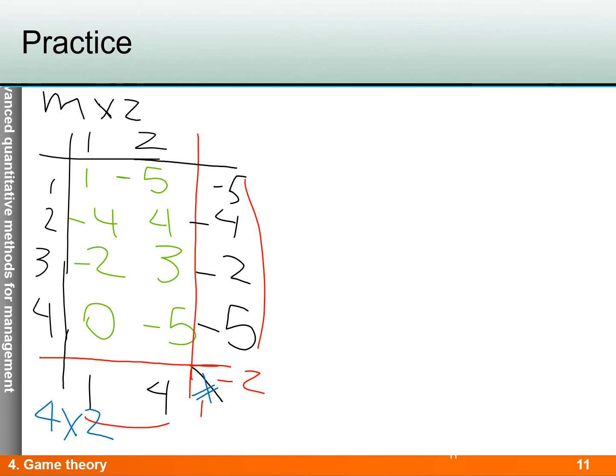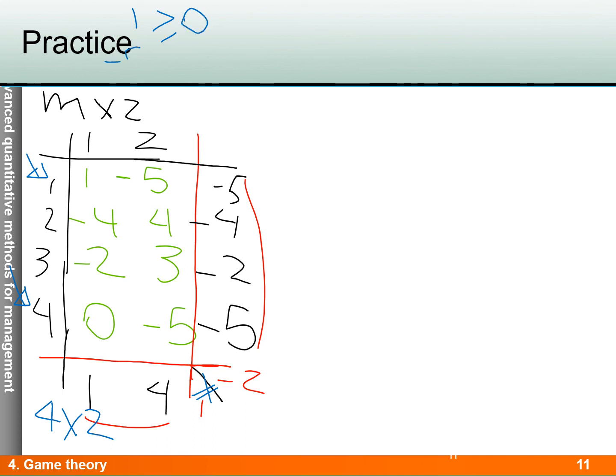Comparing the strategies of player 1 with each other and comparing the strategies of player 2 with each other. It means that 1, 2, 3, 4 with each other and 1, 2 with each other. As you see here, guys, the strategy 1 of the first player and the strategy 4 of the player 1 is greater than or equal to 0.